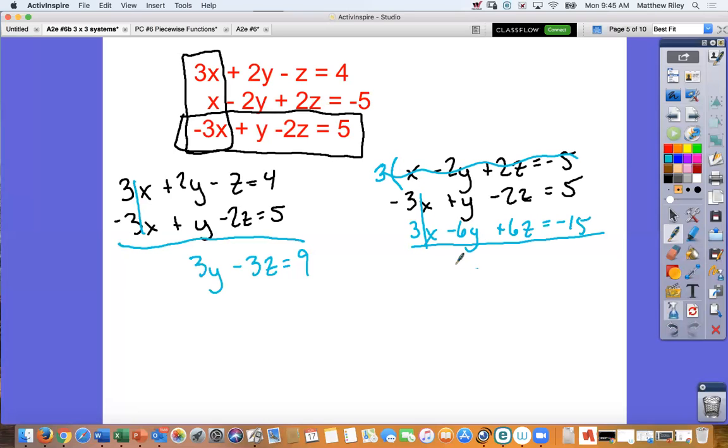Now those will cancel. So any questions on that? Once you choose a variable to eliminate, that has to be the variable that you eliminate, and then you literally line them up.